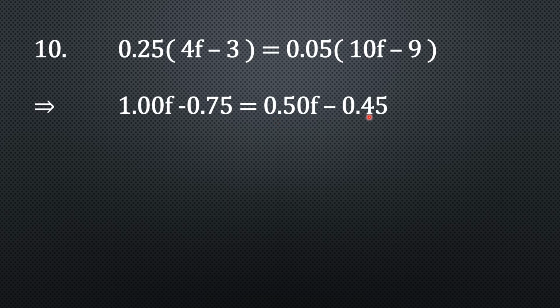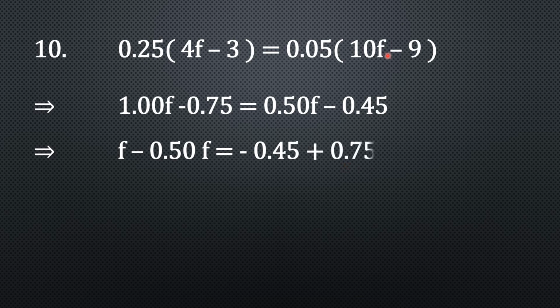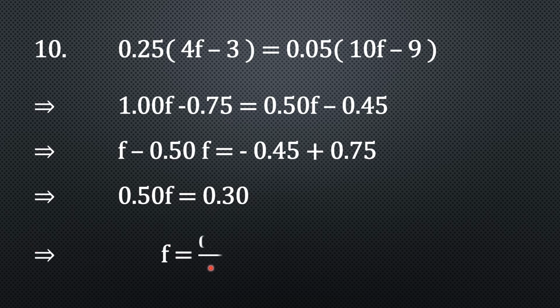Shifting all the variables to the left hand side, we get f minus 0.50f equals minus 0.45 plus 0.75. Now when we subtract these two numbers, we have 0.50f equals 0.30, which will give us f equals 0.30 divided by 0.50.